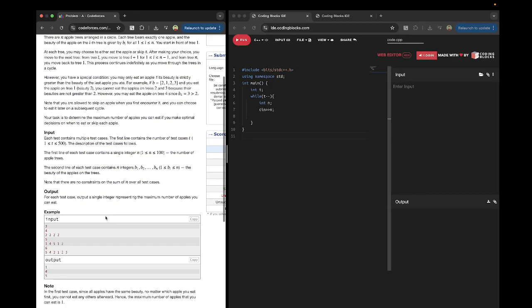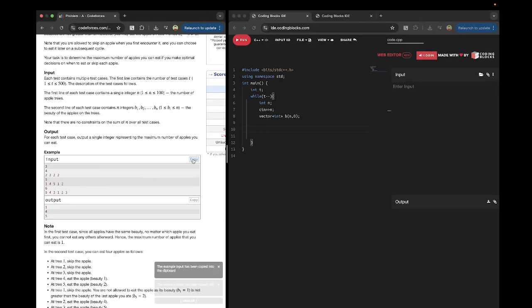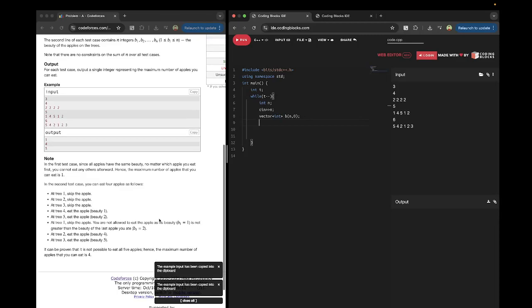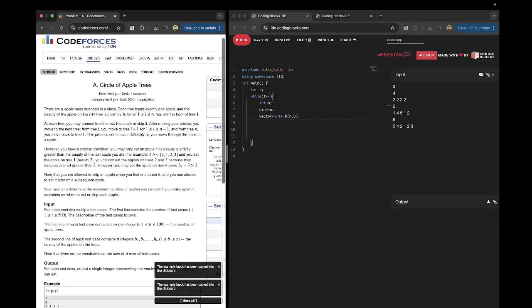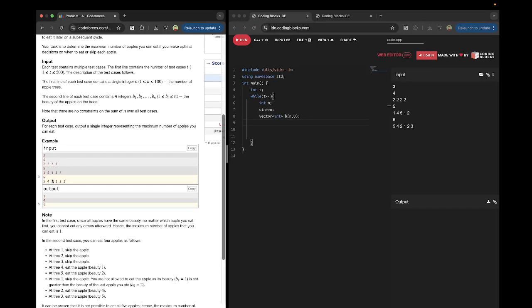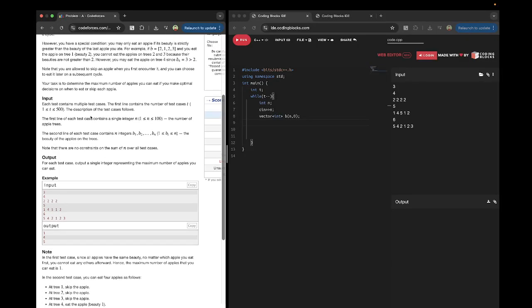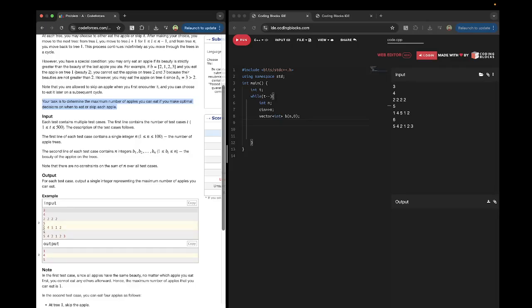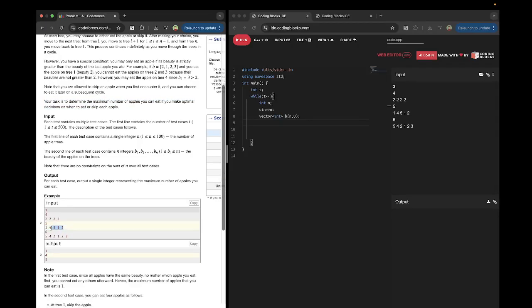T test cases, N, B1 to Bn. Ideally, if we really want to optimize the maximum number of apples that you can eat, and not optimize the number of rounds we make, then I think we can do that by... And what do we have to output?